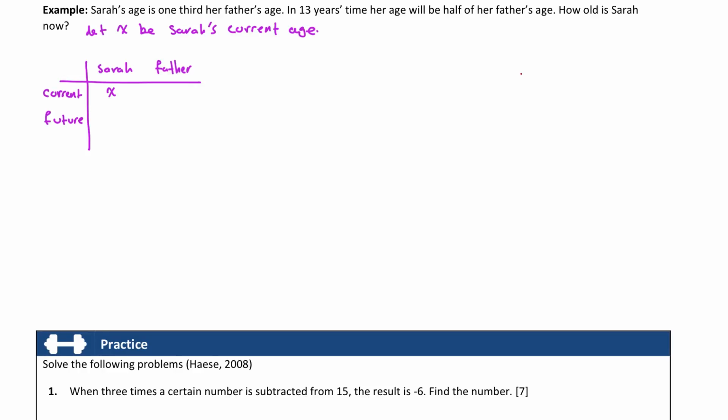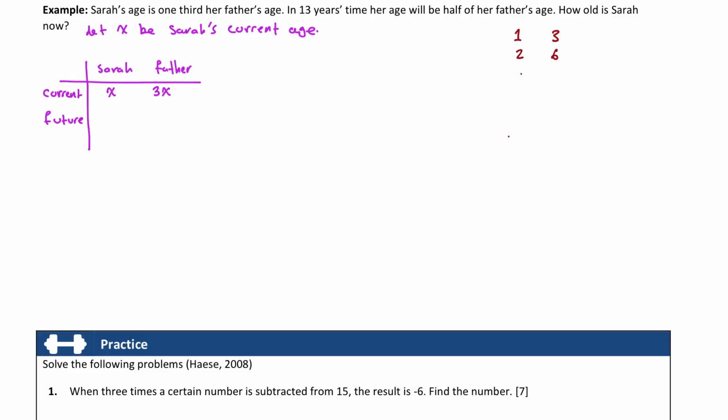And if currently Sarah's age is 1/3 of her father's age, that means her father's age is 3 times as much as her age. So just putting some random numbers in, if father was 3, then Sarah has to be 1. If father was 6, Sarah has to be 2, because she's 1/3 of father's.